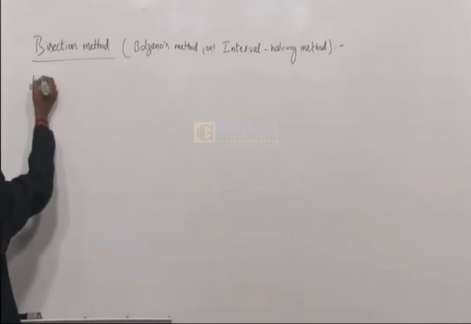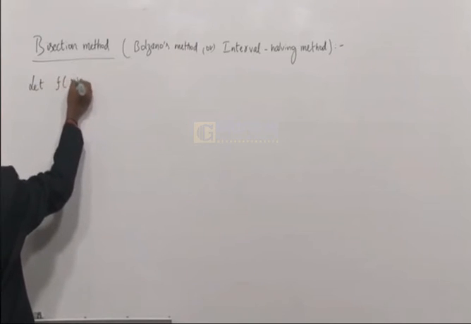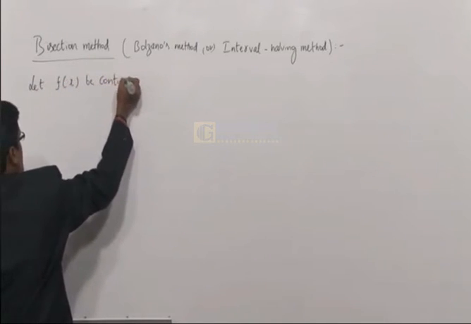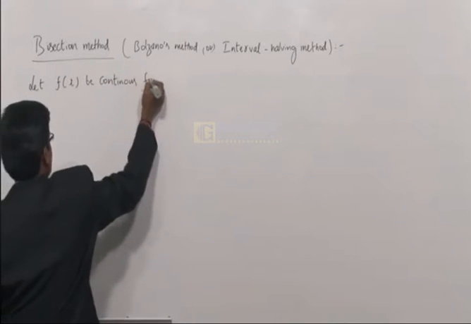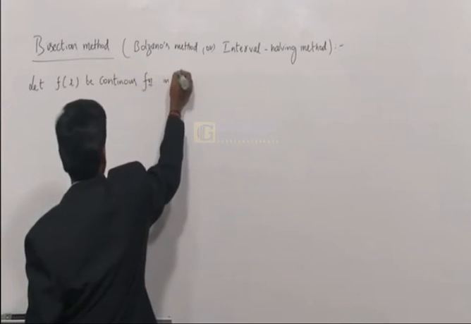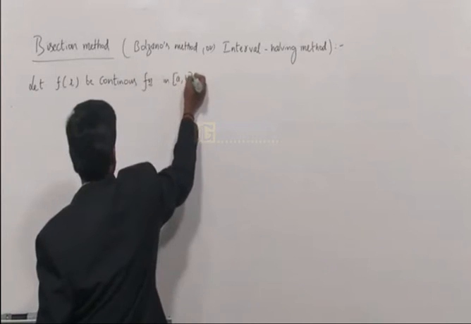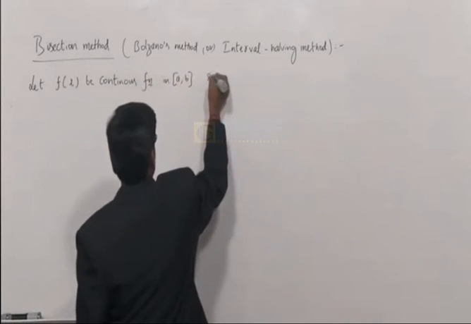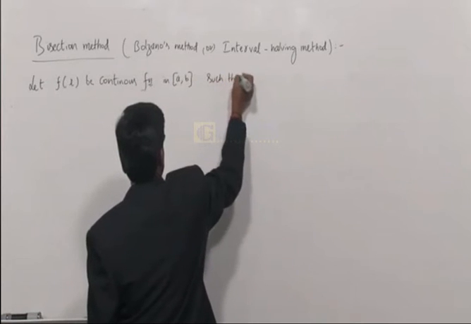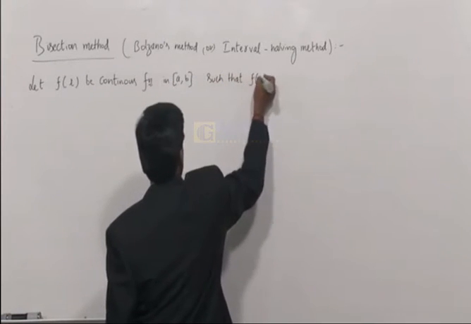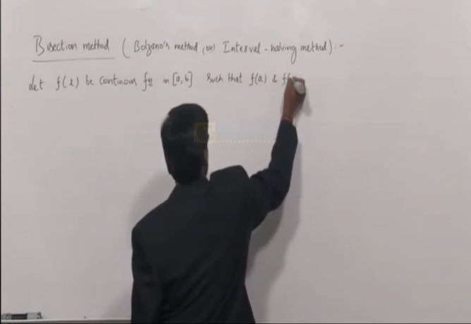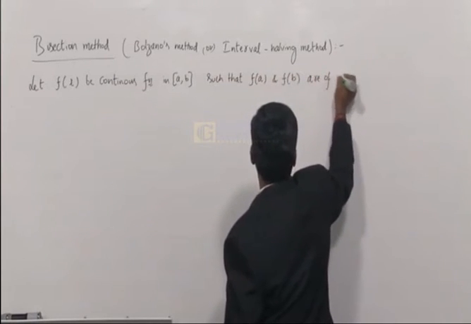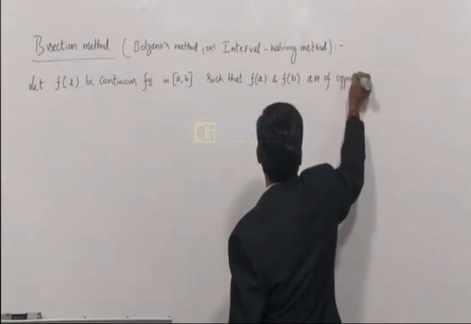Let f(x) be a continuous function in the closed interval [a, b] such that f(a) and f(b) are of opposite signs.